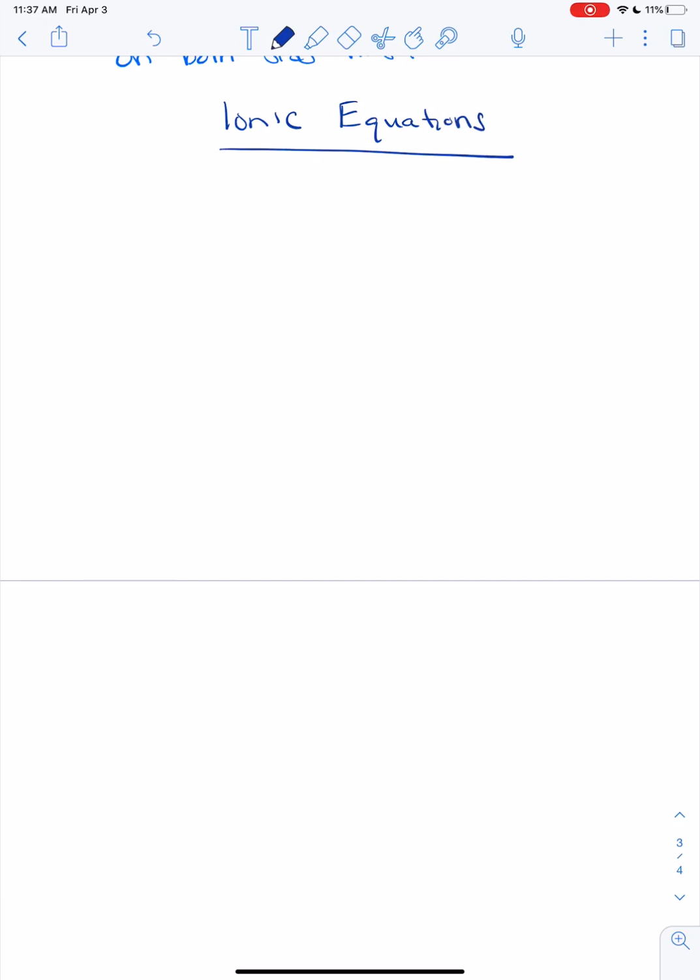Okay, so if we have a regular equation like the ones we've seen so far, it looks like this. And we're going to have our equations of state that tell us if it's solid, liquid, gas, or aqueous.